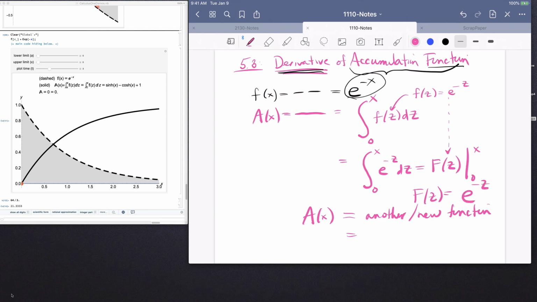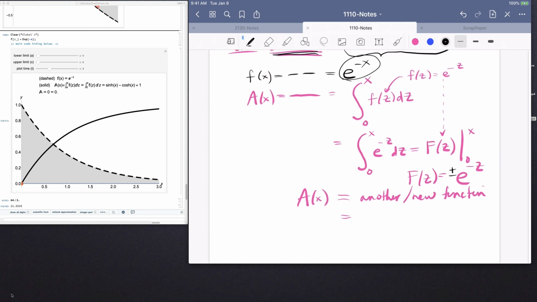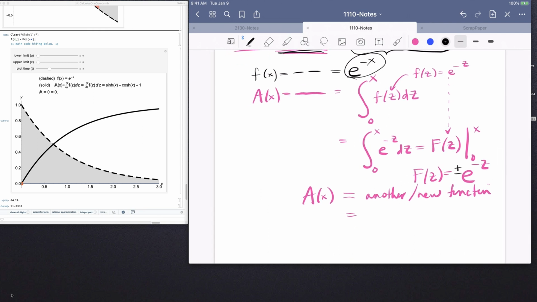So we'll find that the antiderivative of e to the negative z has to be an e to the negative z. But it's not quite correct because we're going to need a plus or a minus sign, because when you take the derivative, we're supposed to get e to the negative z. And when you take the derivative of e to the negative z, which is what we thought our antiderivative was going to be, we find from the chain rule that you get a negative from the derivative of the inside function negative z.